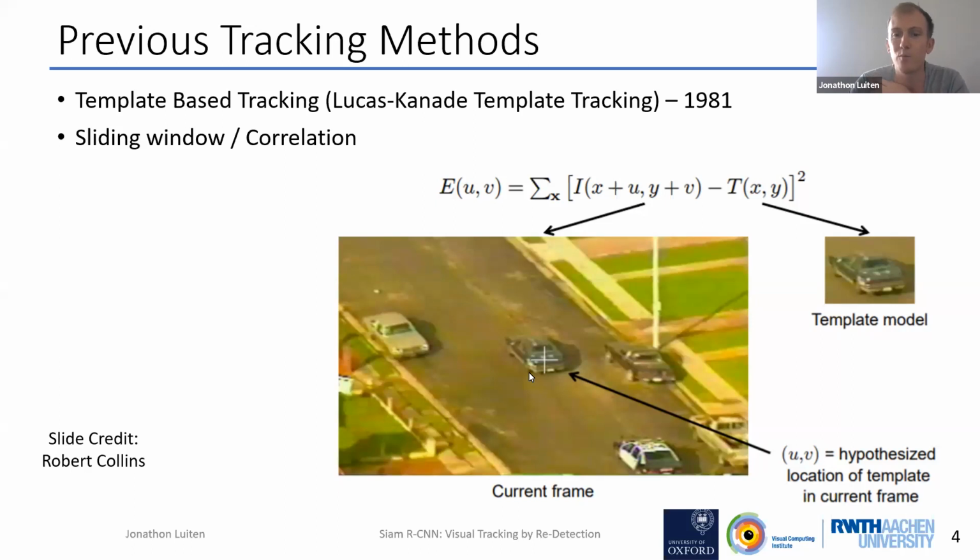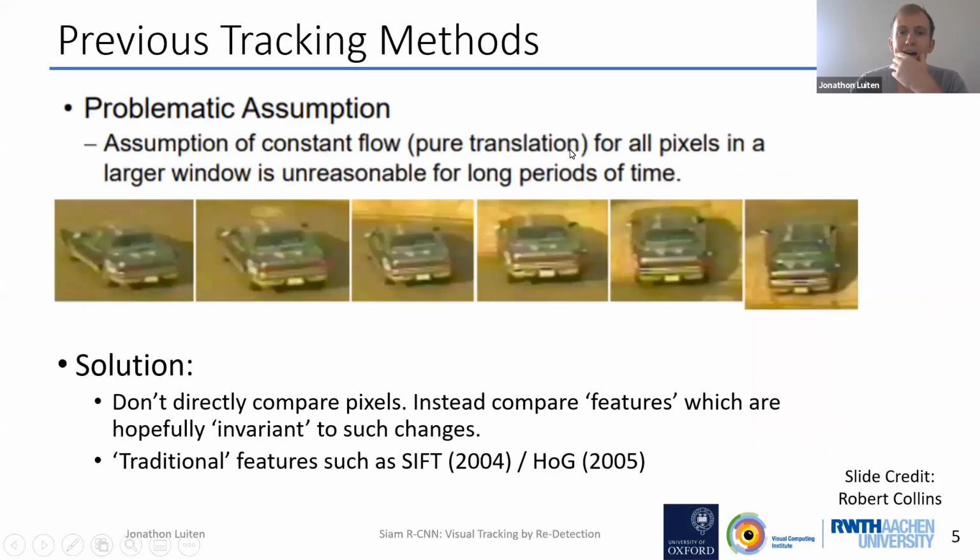This was already working okay in some cases, but it doesn't always work. One of the problems is that objects change their appearance over time. So if you're searching this template over new images, the object's going to change, and you're not going to necessarily find the correct object, as you can see with this car.